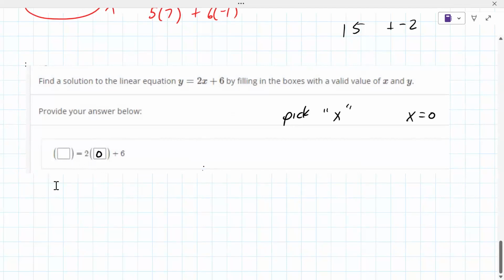It would just be 2x plus 6. What is 2 times 0? 0. And 0 plus 6 is? Oh, 6. And so that goes there. There are a lot of possibilities here.